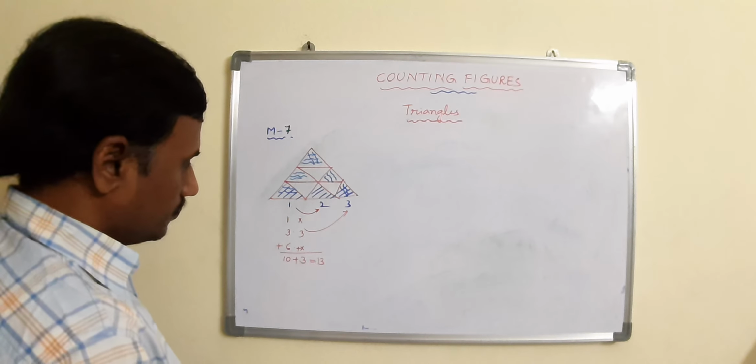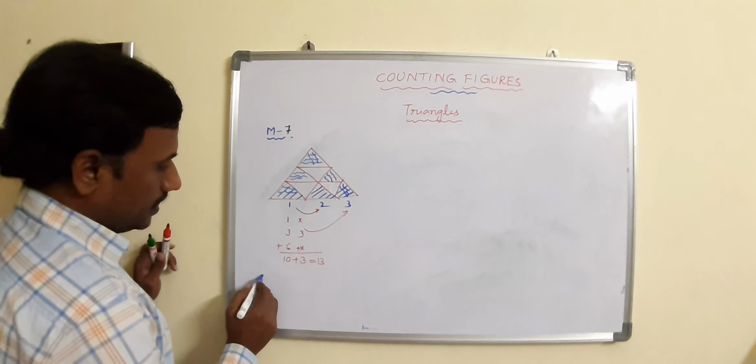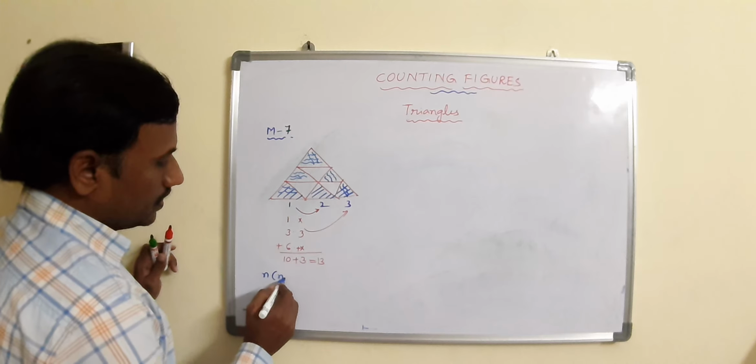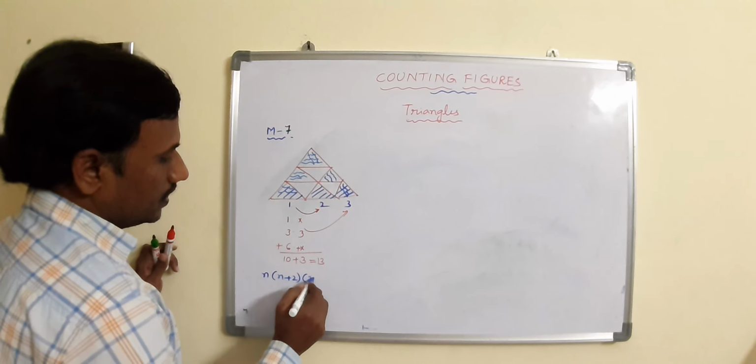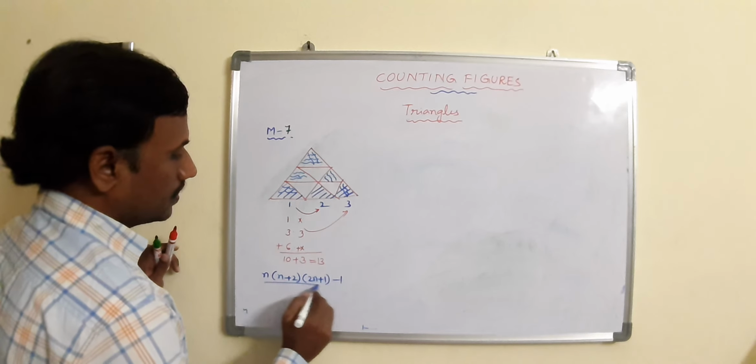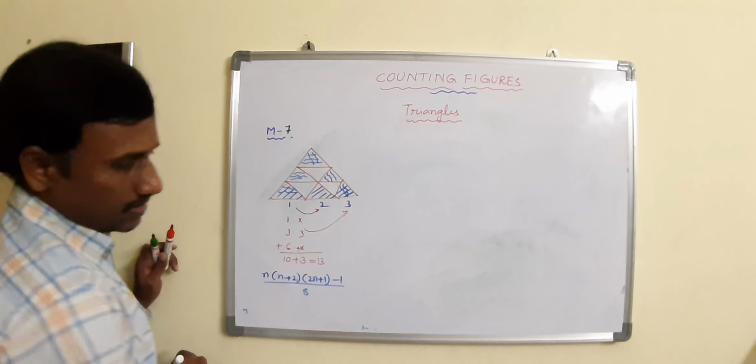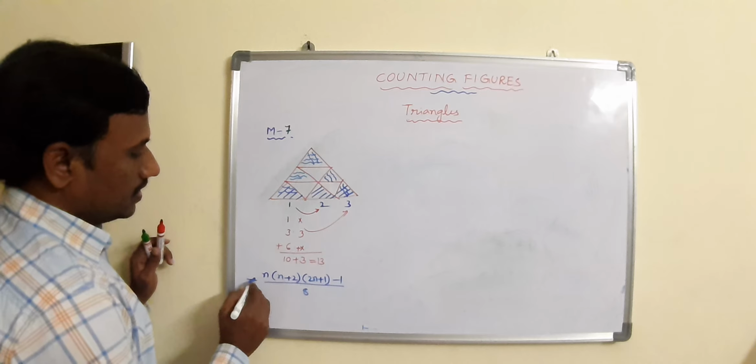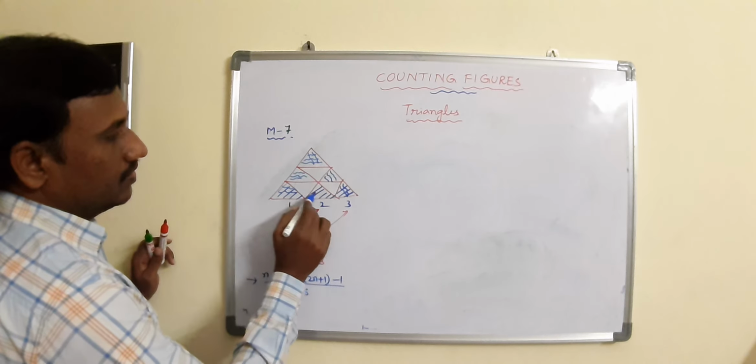Suppose you want to do it through the formula. The formula is n into n plus 2 into 2n plus 1, minus 1, by 8. Here n is the number of partitions: 1, 2, 3.